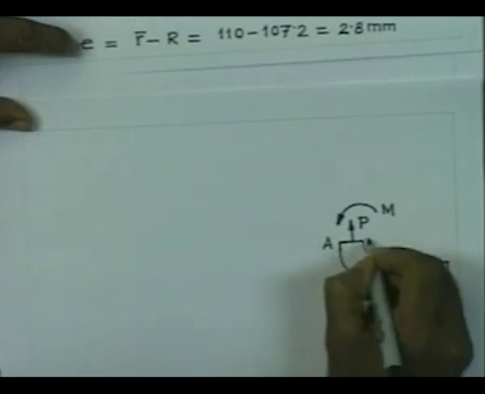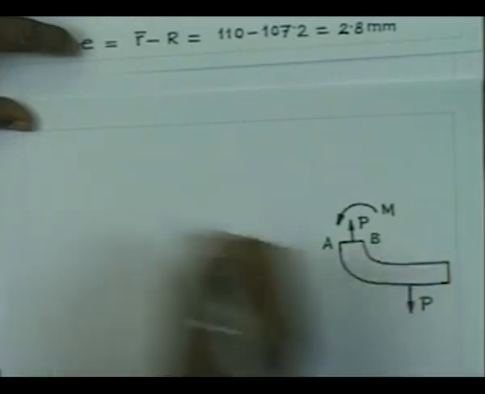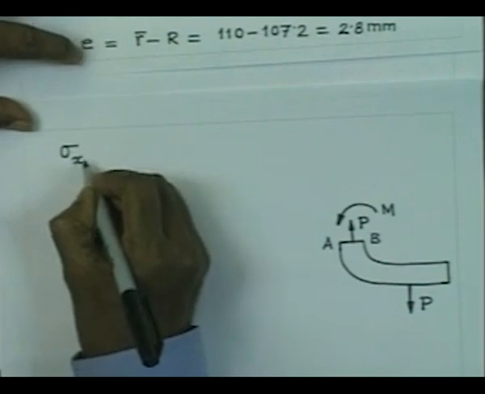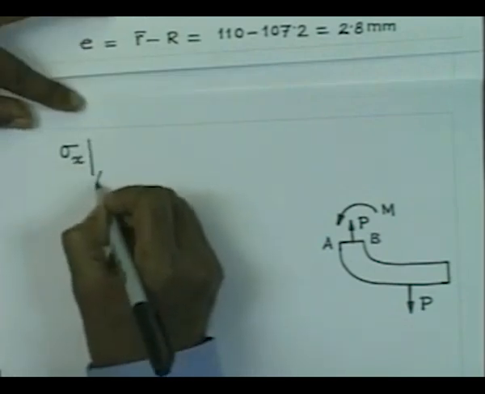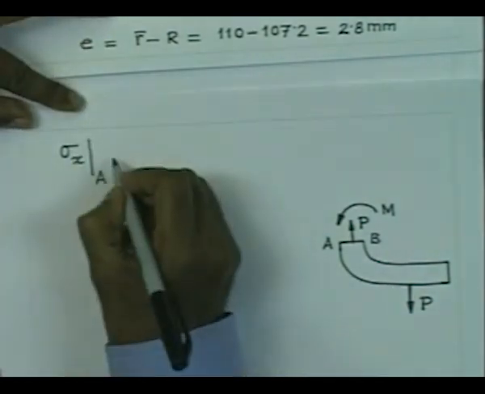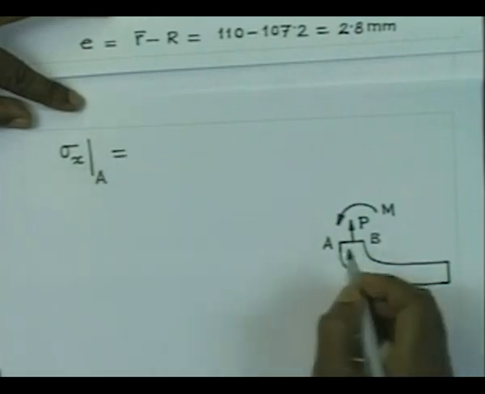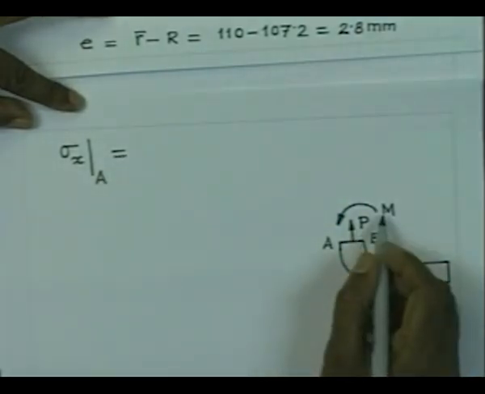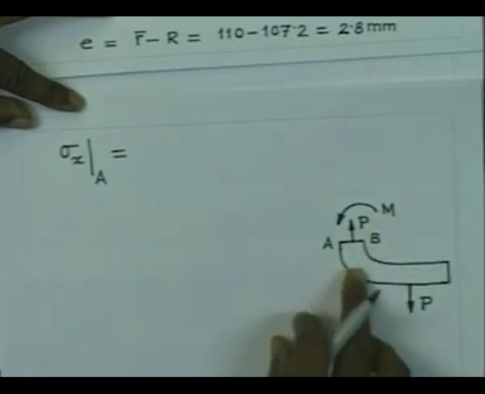Now, we have to calculate the stress at the locations A and B. We can write the formula for sigma x at location A. Note that this bending moment is trying to reduce the curvature, or increase the radius of curvature.